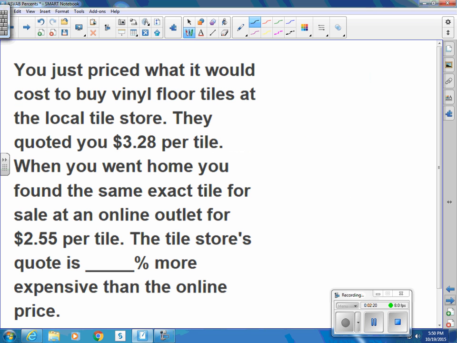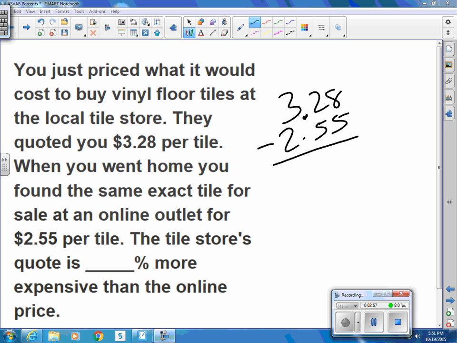Okay, so you just priced what it would cost to buy vinyl floor tiles at the local tile store. They quoted you $3.28 per tile. When you went home, you found the same exact tile for sale at an online outlet for $2.55 per tile. The tile store's quote is what percent more expensive than the online price? Well, let's find out the amount more. So let's say the $3.28, and let's subtract our $2.55, and that's a difference of 73 cents.